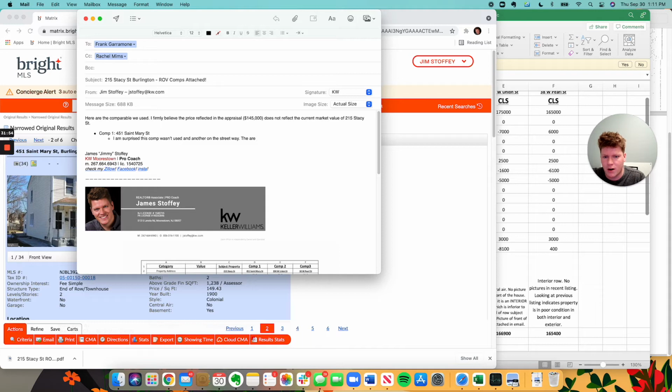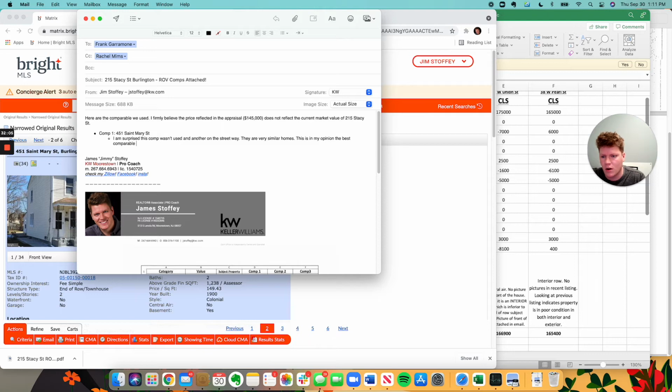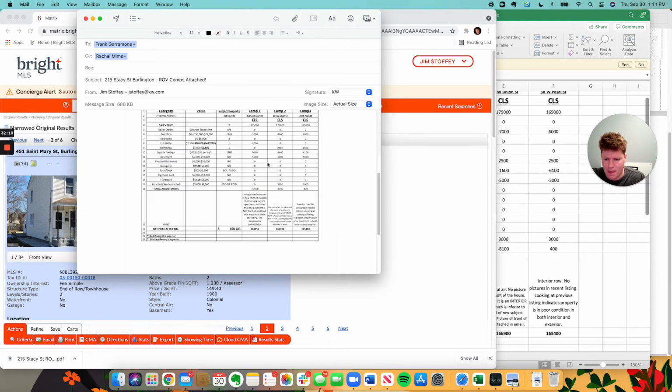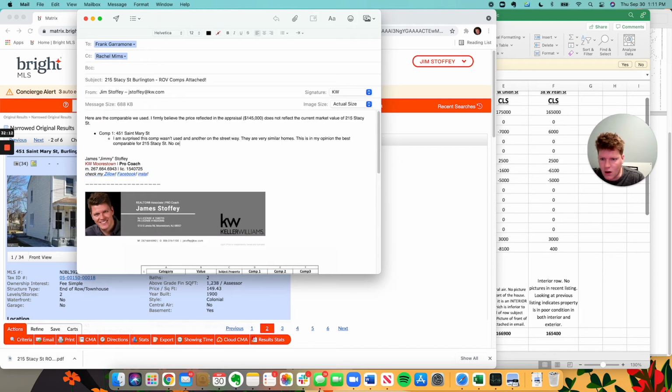They are very similar homes. This is, in my opinion, the best comparable for 215 Stacy Street. No central air, similar condition. It sold a month ago.